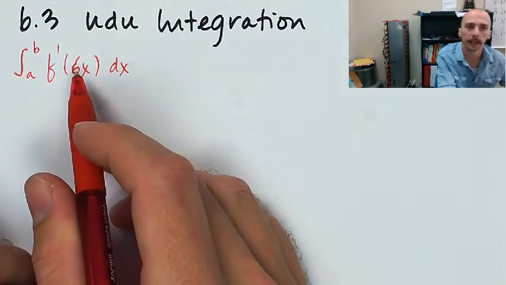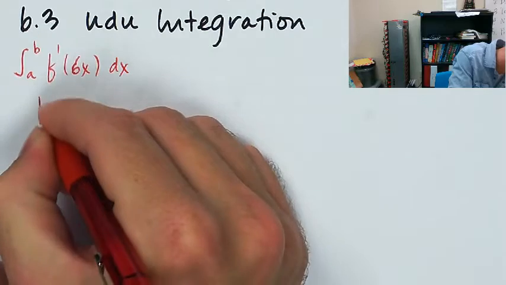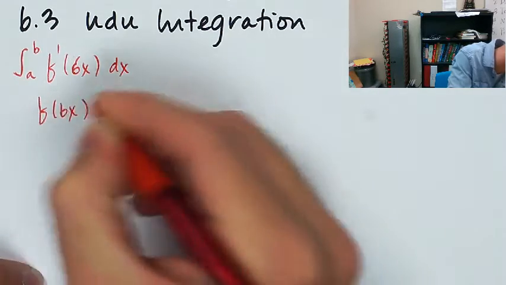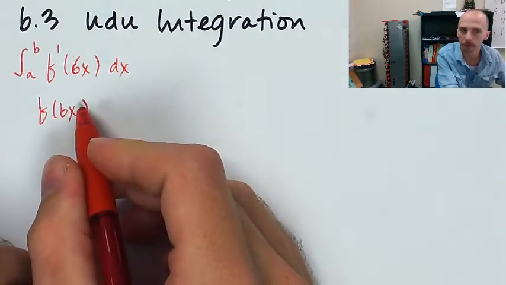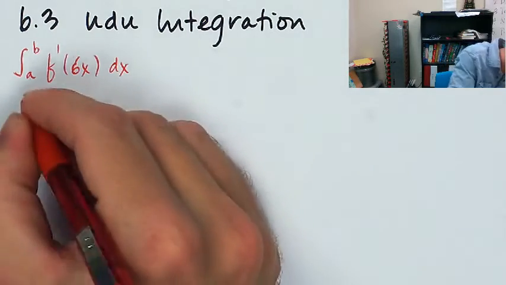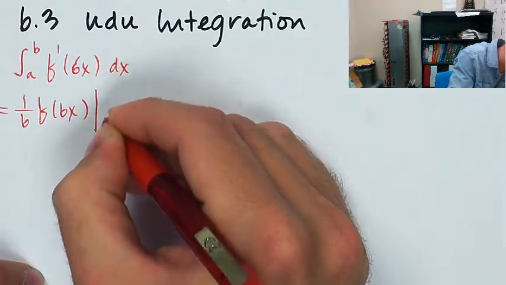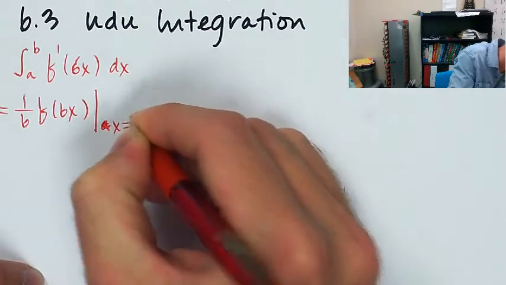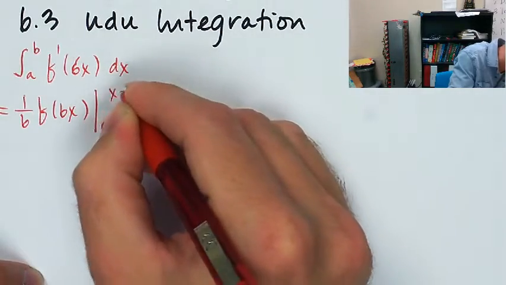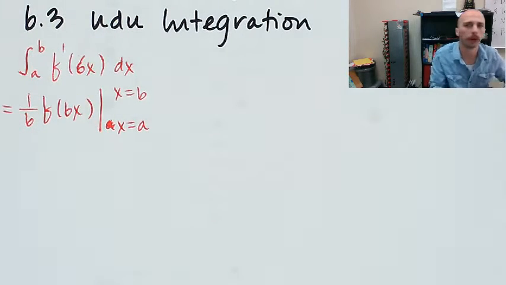Just trying to find an antiderivative for f prime of 6x, a good first guess would be f of 6x, but then you remember that there's going to be some chain rule difficulties there, and you're going to have to divide by 6. And then we could evaluate that between x equals a and x equals b. Okay, and we know how to do that.